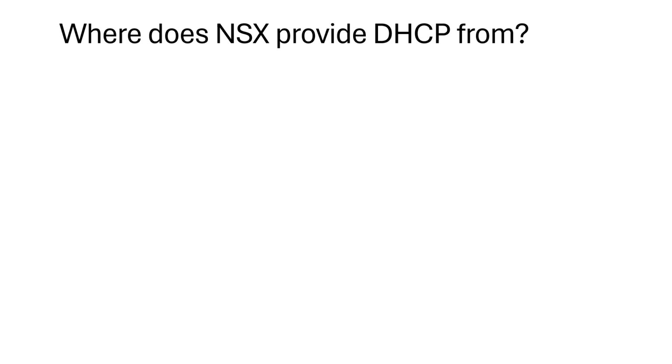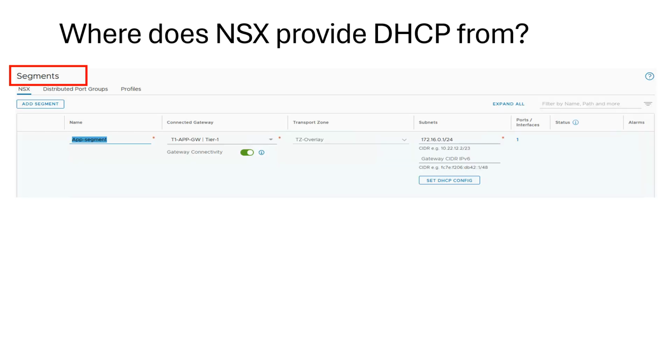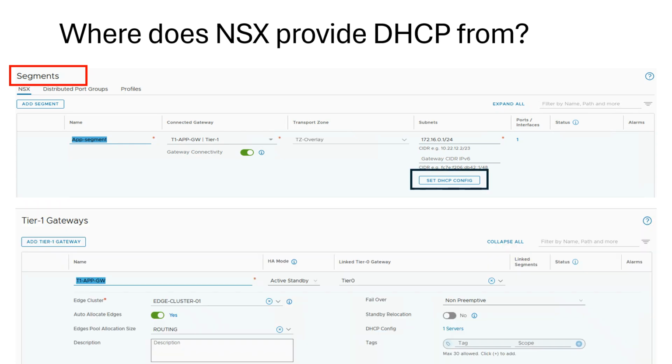In NSX, DHCP can be consumed in two places. First one is the segments, and second one is your tier 1 router or tier 0. Don't worry, we'll see both one by one.